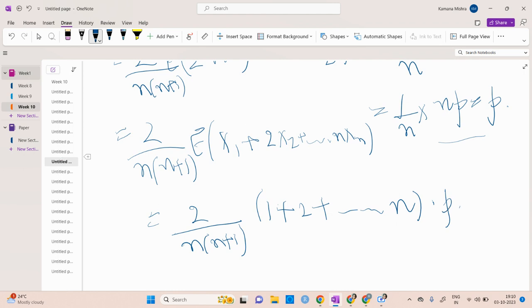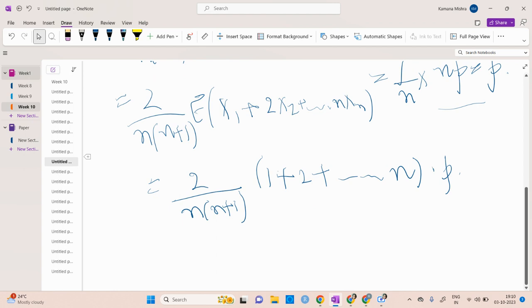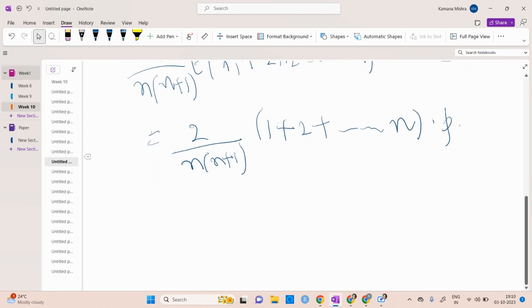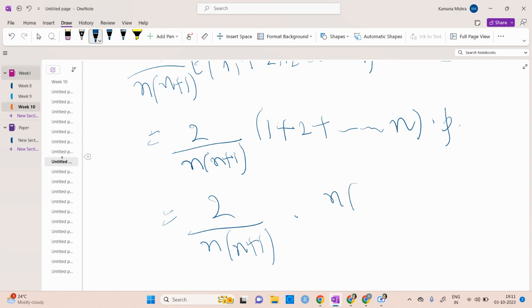Or you can write expectation of x1 plus 2 expectation of x2, then put p for every expectation of xi, and then solve it, but that will be the same. I have just skipped one step. So this is 2 upon n into n plus 1, and this will be what? n into n plus 1 by 2. This is the summation 1 up to n.